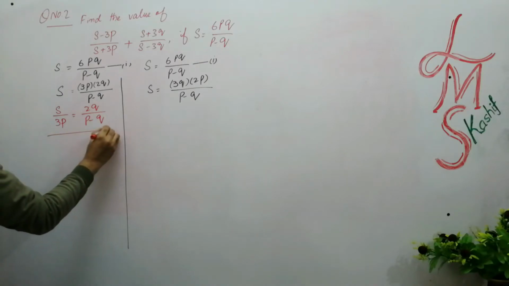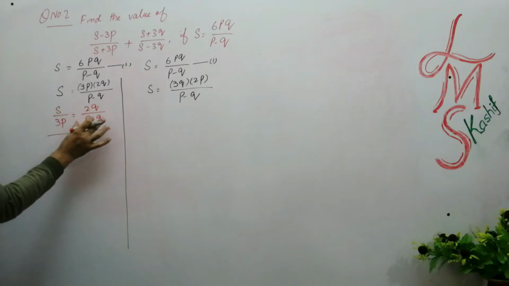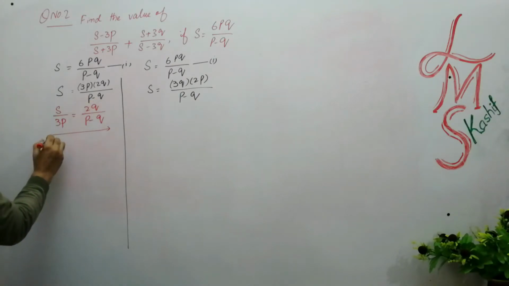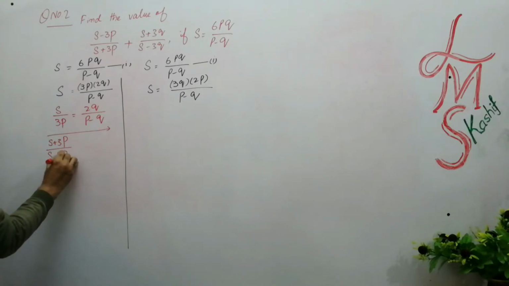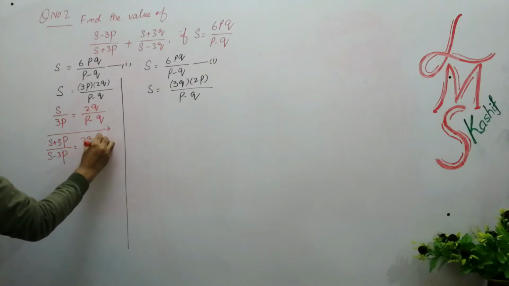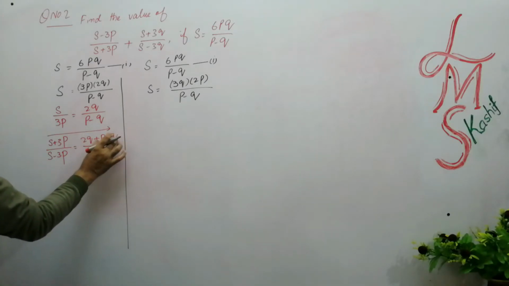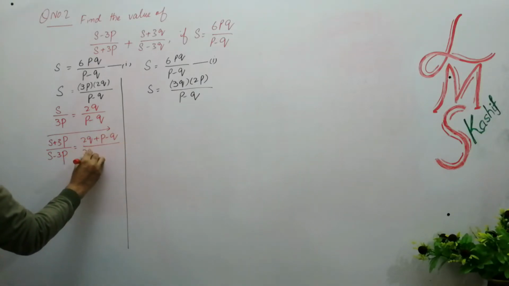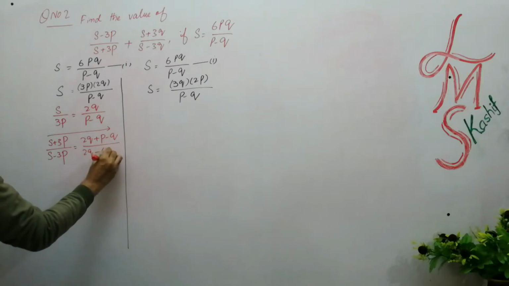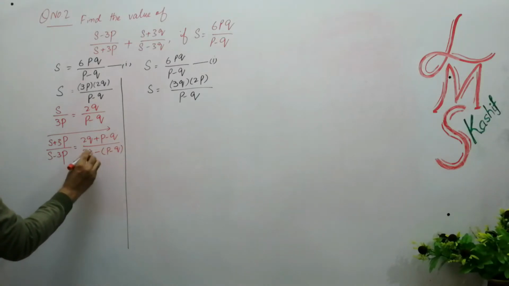Now by applying the componendo dividendo theorem, we will add one time and we will subtract one time. So (S + 3p)/(S - 3p) is equal to (2q + p - q)/(2q - (p - q)).